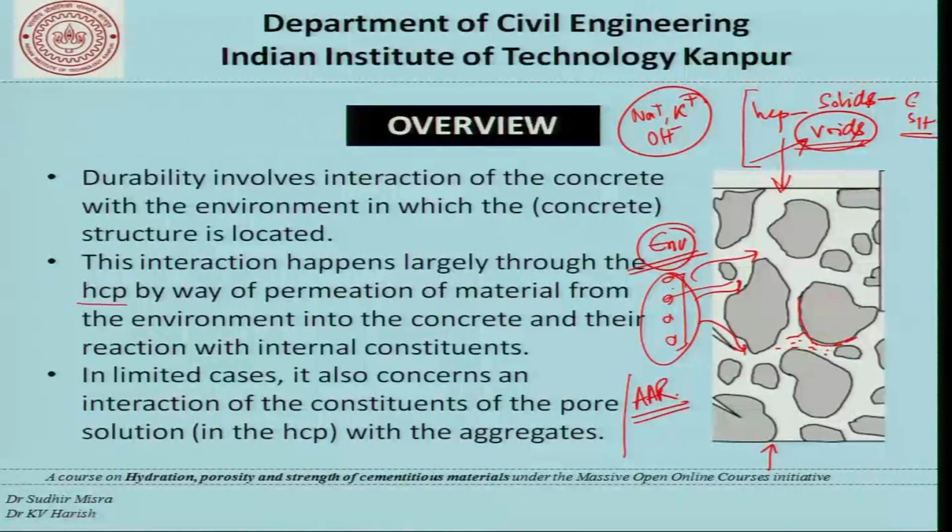So, apart from that consideration, we are largely concerned with the permeation of deleterious material from the environment into the concrete through the voids in HCP.